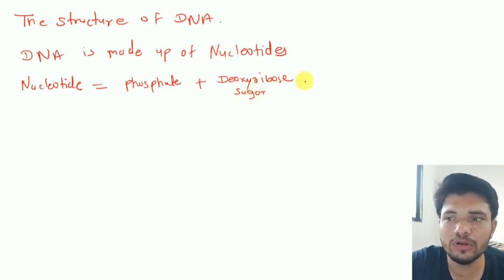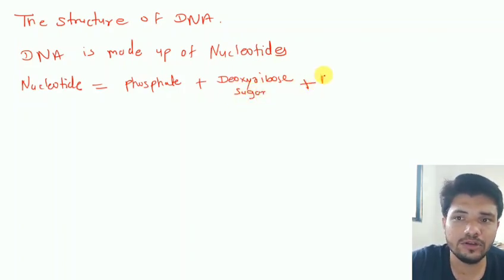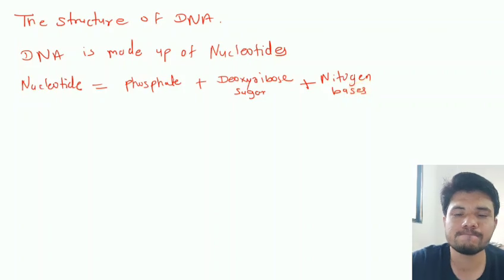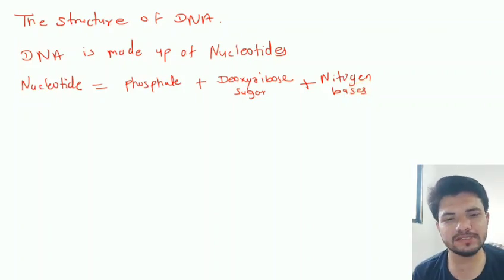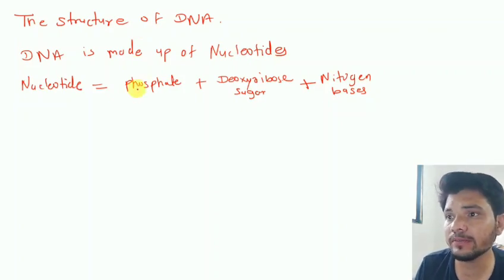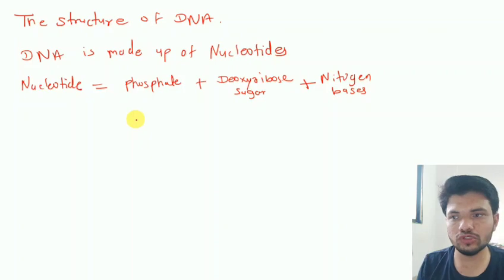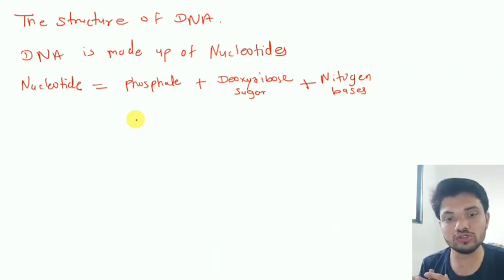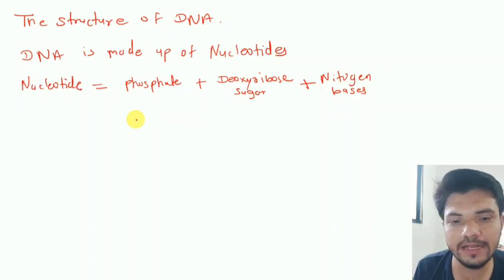And the third component is the nitrogen base, which is the most important component. Nitrogen bases can be of mainly two types, purines and pyrimidines, as we will discuss. So these three components joining together form one nucleotide, and so many nucleotides will join together to form a strand of DNA, right?